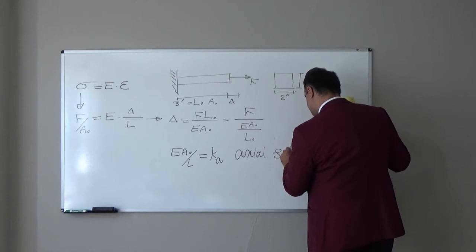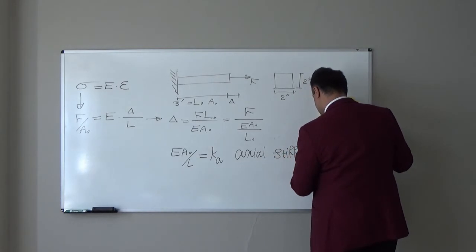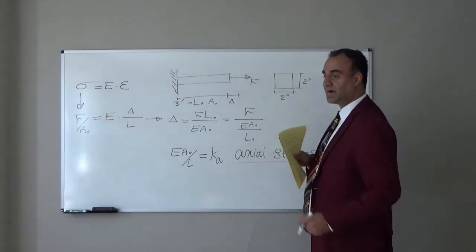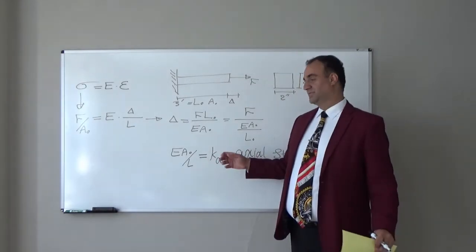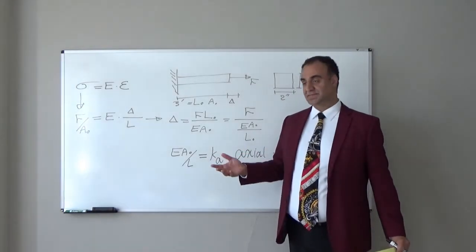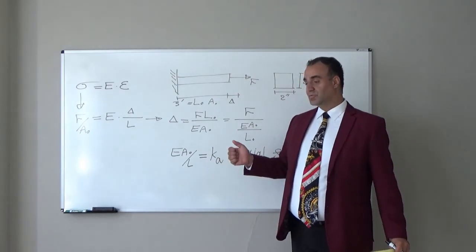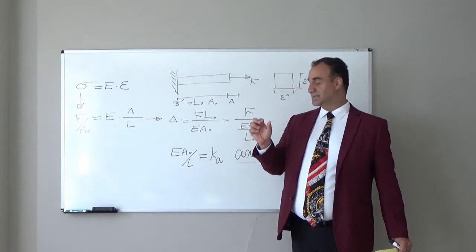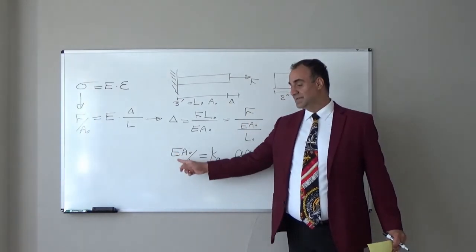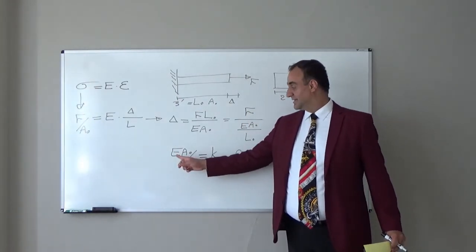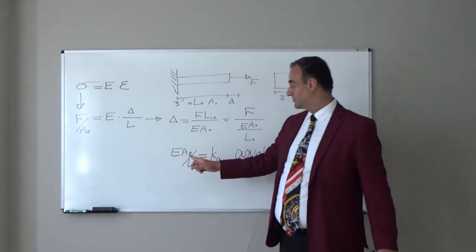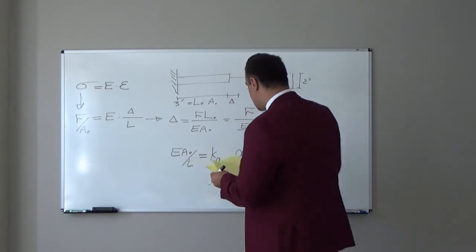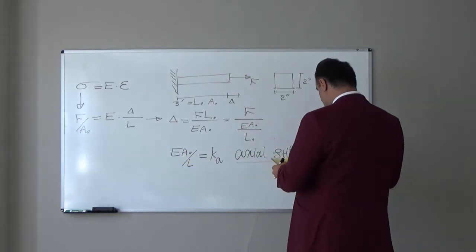Later on I will define different types of stiffness, for example torsional stiffness and so on. For now, if we have axial force and we look at the axial deformation, we will need axial stiffness. Axial stiffness is equal to Young modulus times cross-sectional area divided by length.